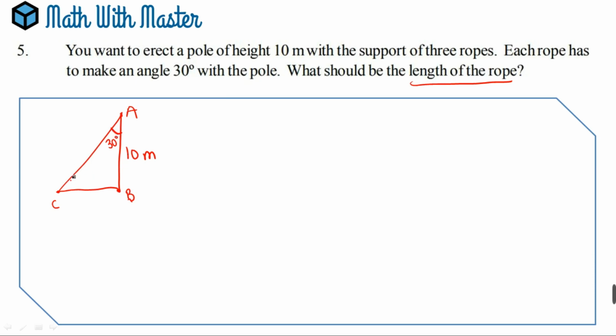For finding the answer, first we have to know what is perpendicular, base and hypotenuse, or opposite, adjacent and hypotenuse of the angle A. So BC is perpendicular or opposite, AC is hypotenuse, and AB is base or adjacent.